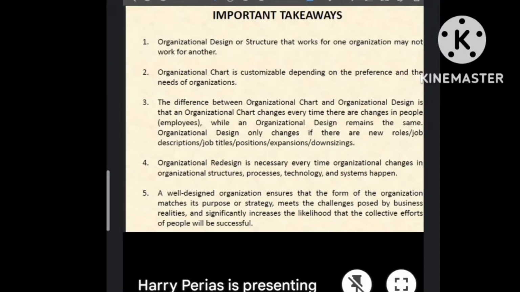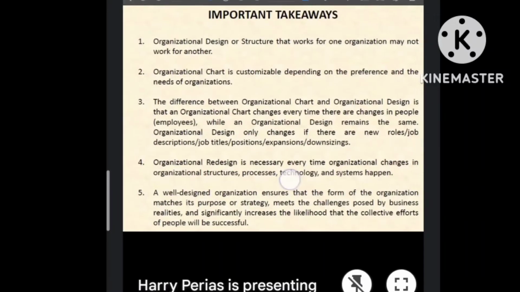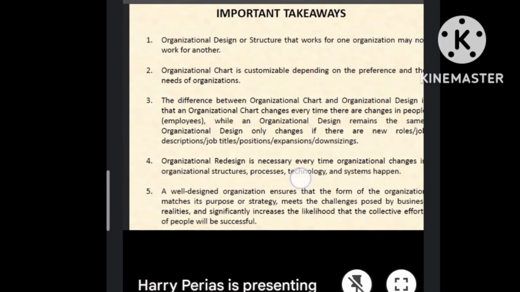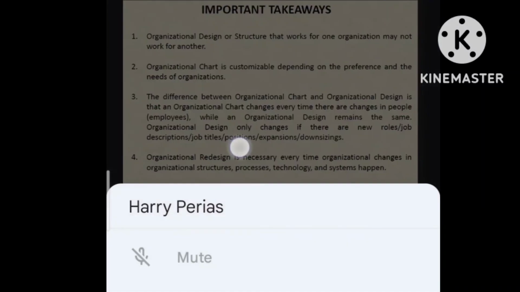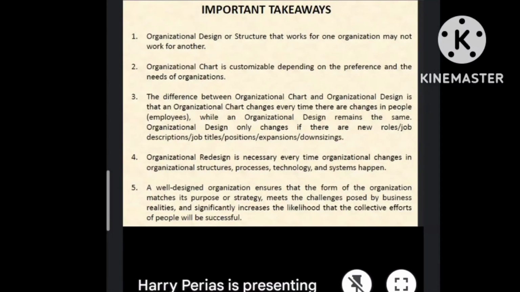Number 5, a well-designed organization ensures that the form of the organization matches its purpose or strategy. Form of organization, this only means that ito yung nature of the business. Okay? Kung restaurant ba siya, or lending company ba siya, or manufacturing ba siya, or what.